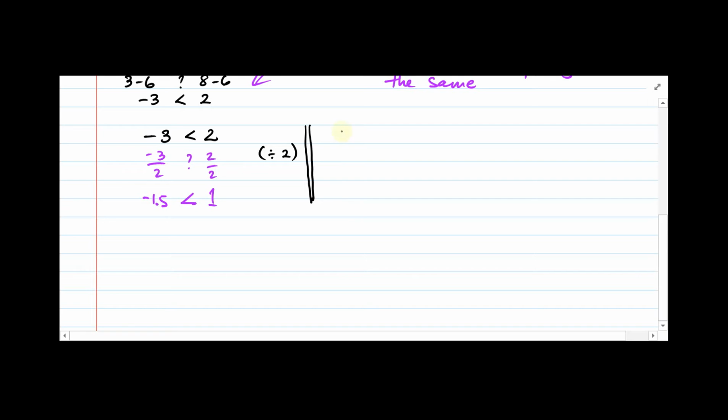Let us take the same numbers, and this time we multiply both sides by 2. We would have negative 3 times 2, and 2 times 2, and I'm exploring to see what's going to happen. When I look at the left and right hand side, we end up with negative 6 and 4. So it must be true that the inequality did not change in these two cases.